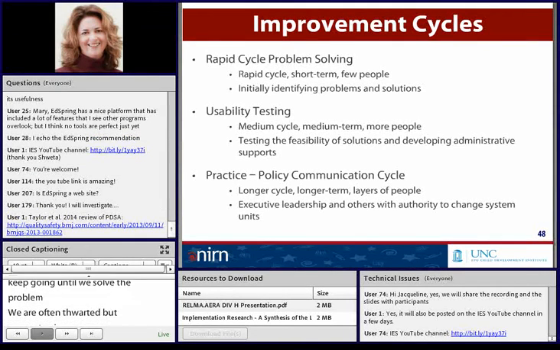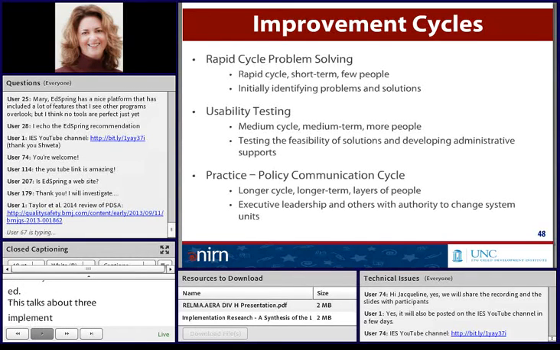All right. The active implementation frameworks talk about three improvement cycles in our work. They differ by how short, medium, or long-term the cycle is, how quick or rapid it is, as well as the number of people that are involved. So we have rapid cycle problem solving, where the purpose is to initially identify problems and solutions.